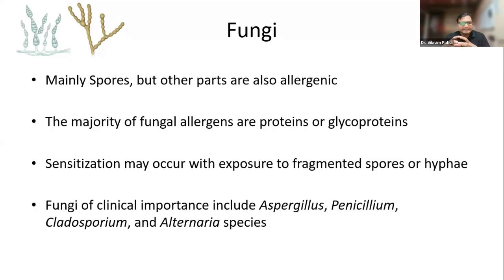Fungi are basically spores, but other parts are also allergenic. The majority of fungal allergens are proteins or glycoproteins. As I mentioned, sensitization may occur with exposure to fragmented spores or even the hyphae. Fungi of clinical importance include Aspergillus, Penicillium, Cladosporium, and Alternaria species. The only standardized fungus is Alternaria, and immunotherapy is available only for Alternaria.